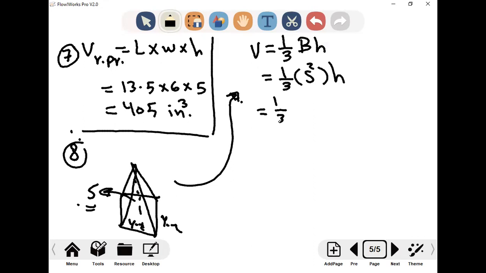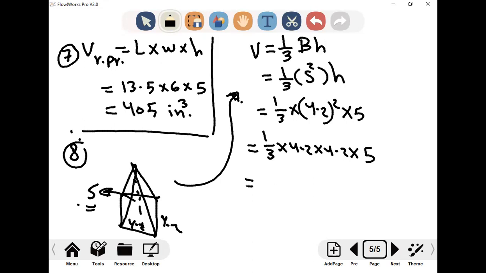If you write length by width, it's okay. Same, S by S or length by width, it's the same. Multiply 4.2 all power 2, multiply the height of 5. Apply. This is 1 over 3 times 4.2 times 4.2 times 5.